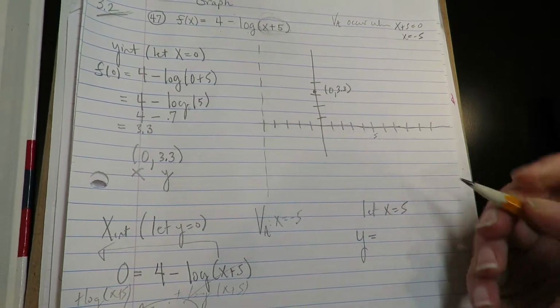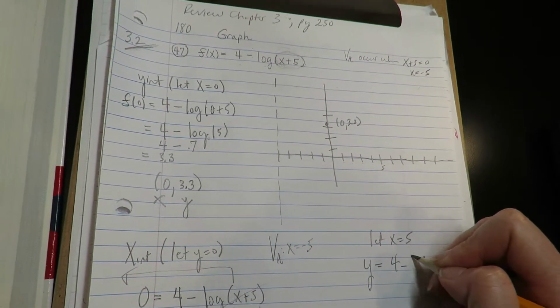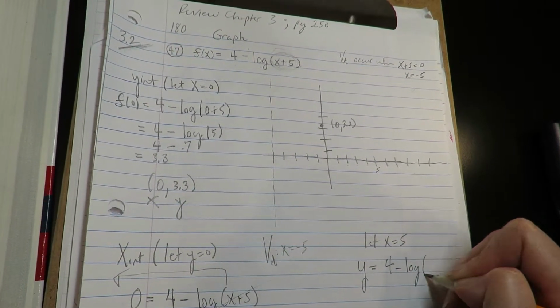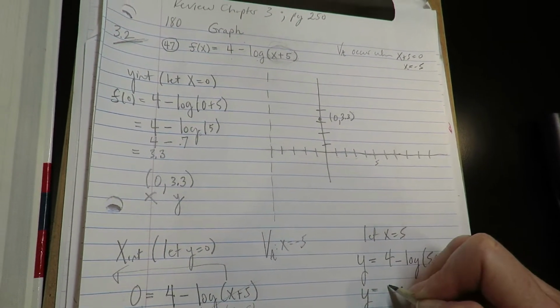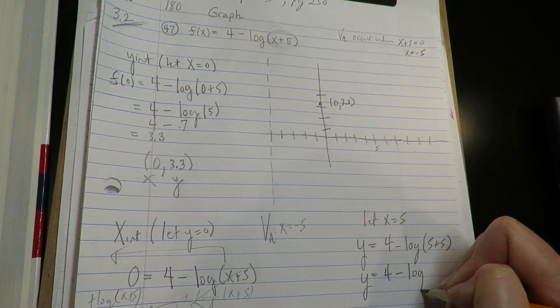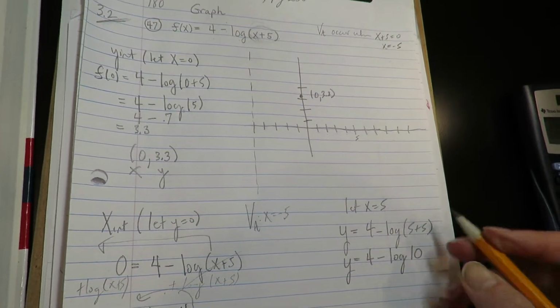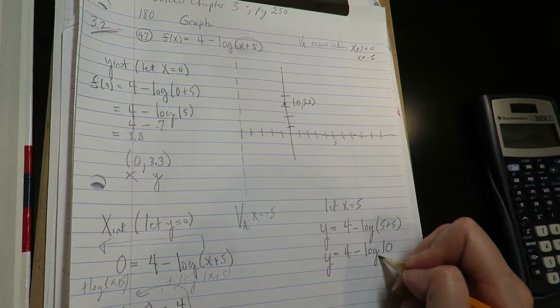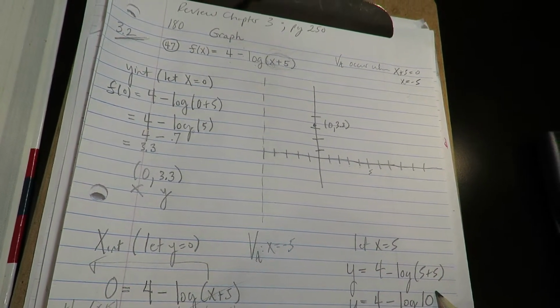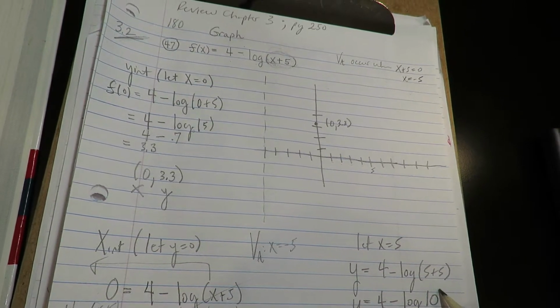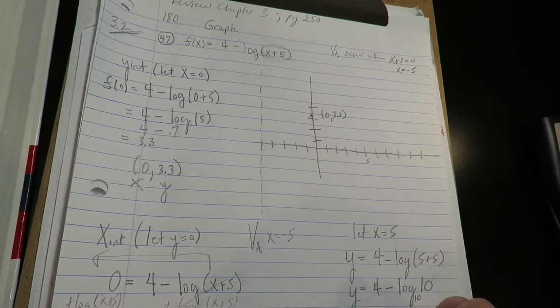So y equals, if you're not on the same page as me, you'll get there. Just give me a moment. I'm very visual, and I know a lot of you are, so you'll see it once I start writing it out. All right, so 5 plus 5 is 10. Now, you know from your log properties, if these match, I don't want to say they cancel out, they just sort of become what the exponent is.